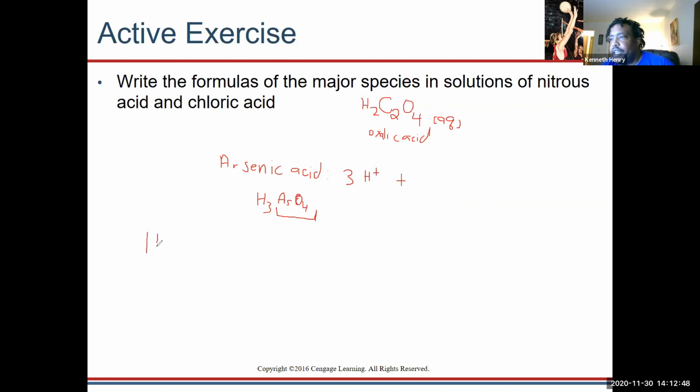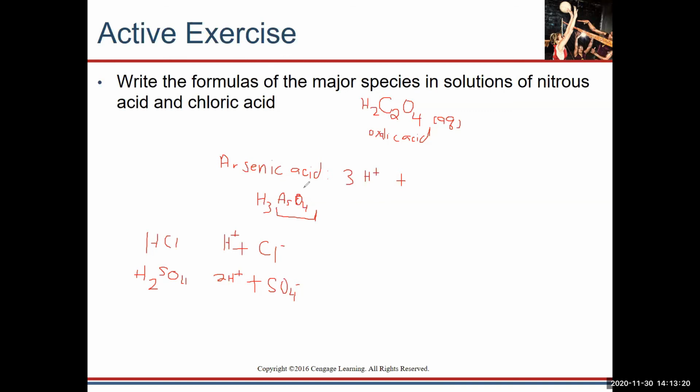Because look at this, HCl, right? We broke that down into H plus and Cl minus, okay? Hydrogen sulfate, we broke that down into 2H plus and our sulfate. So what is this going to get broken down to? Is it just AsO4?